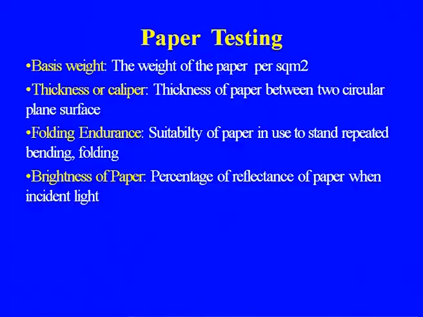Some of the tests are very important for the day-to-day variation, because the quality is being strictly monitored by the consumers also. Normally the paper stockholders are controlling these parameters. Suppose you take first the basis weight, the weight of the paper per square meter.